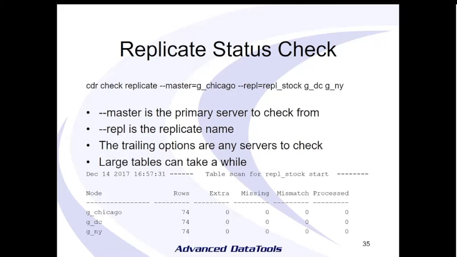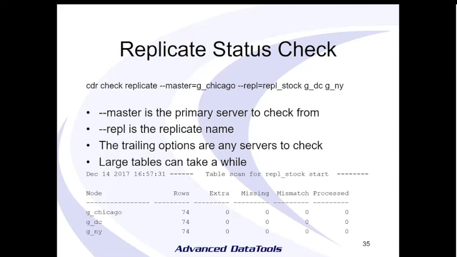This can take a while on large servers, especially if you have binary data or JSON data or something like that, and you haven't added the REPL check shadow column. The reason being is it actually goes through and does a checksum of the row itself for every row, and then compares them. So again, if it's a large table, that can take a while to process.